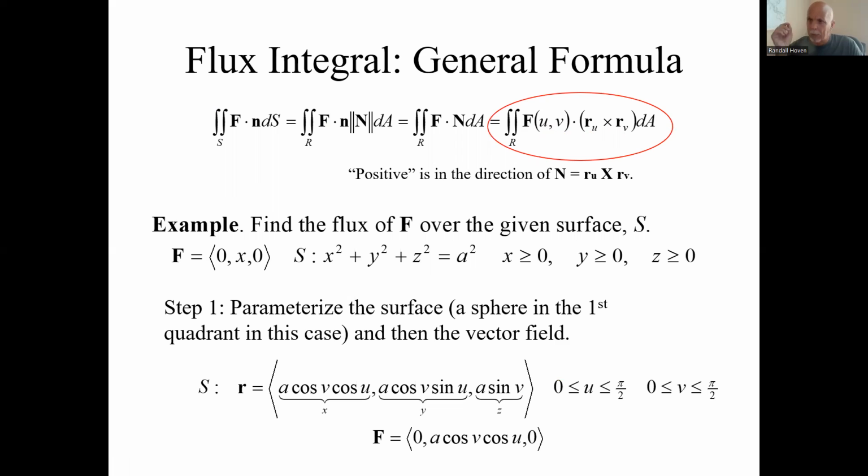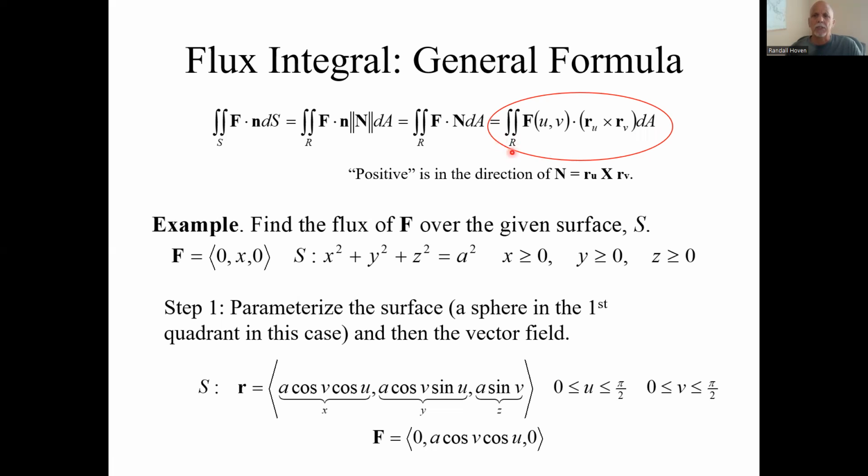We had to have it parameterized in u and v. R sub u is the partial of r with respect to u. This is the partial of r with respect to v. And dA is the differential area in the UV plane. And this R, the region of integration, is also in the UV plane.